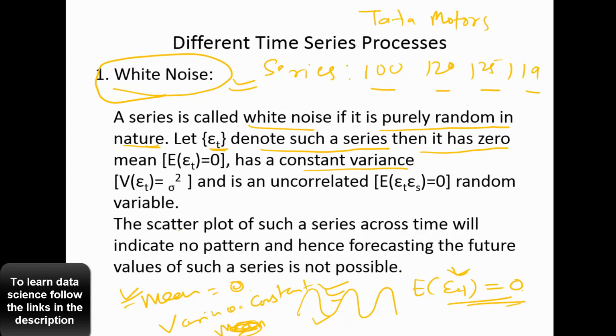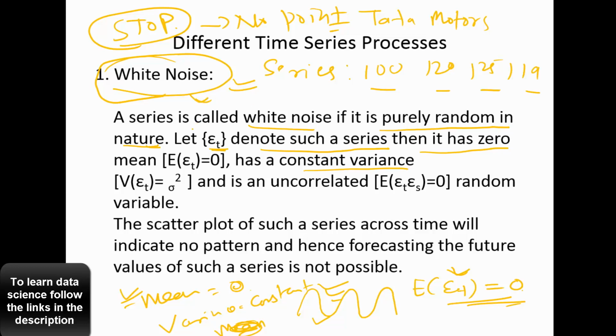In this case, if you do a scatter plot, you won't find any pattern in the data. Hence, if a time series shows white noise features, so it's considered as white noise, then you should stop doing time series analysis. There is no point doing time series forecasting, because this is one series which cannot be used for forecasting.